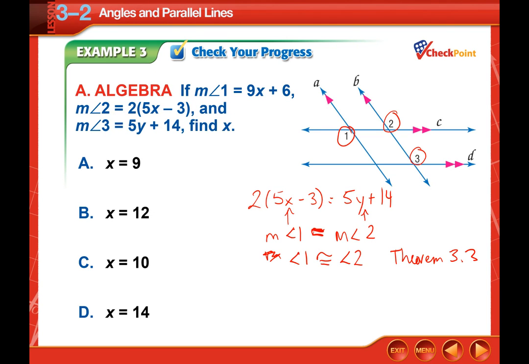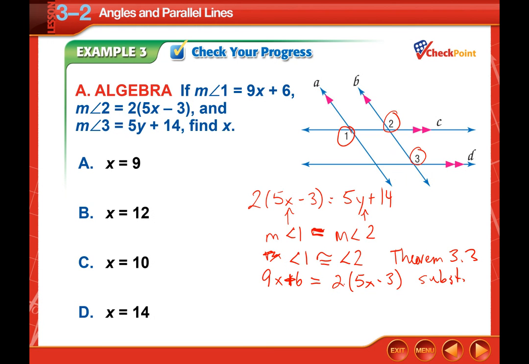Since those measures are equal, I can now substitute in: 9x plus 6 is equal to 2 times (5x minus 3). This is substitution.